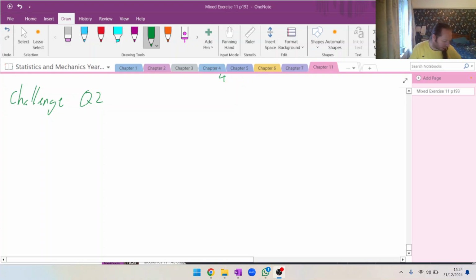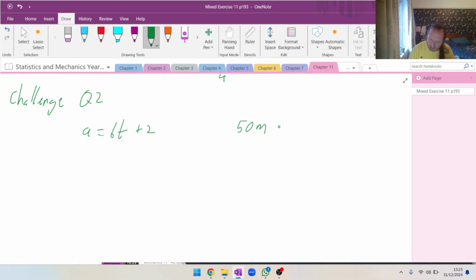A particle travels in a straight line with an acceleration a given by a equals 6t plus 2. Very nice. The particle travels 50 meters in the 4th second.